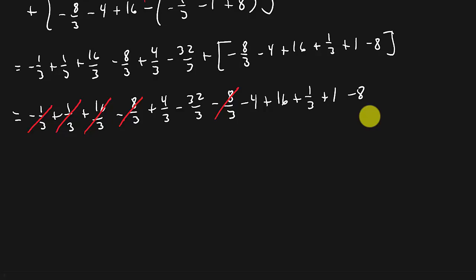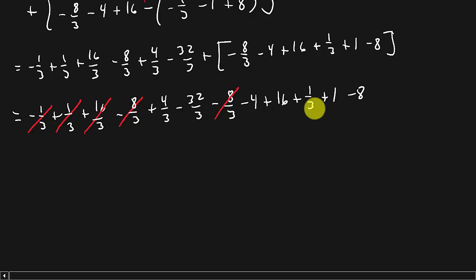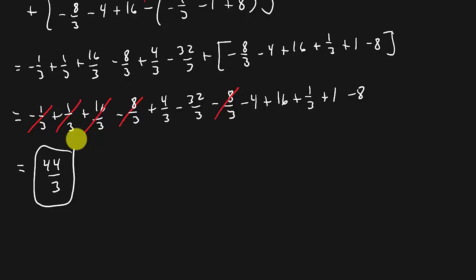And then when you combine all these that are left, you can punch that into your calculator. That is going to leave you with 44/3. Okay. All right, so there you have it. That's the area. We just had to break it up into 2 integrals.